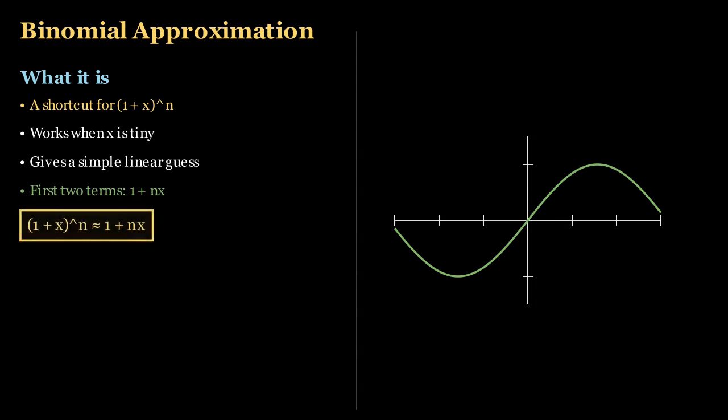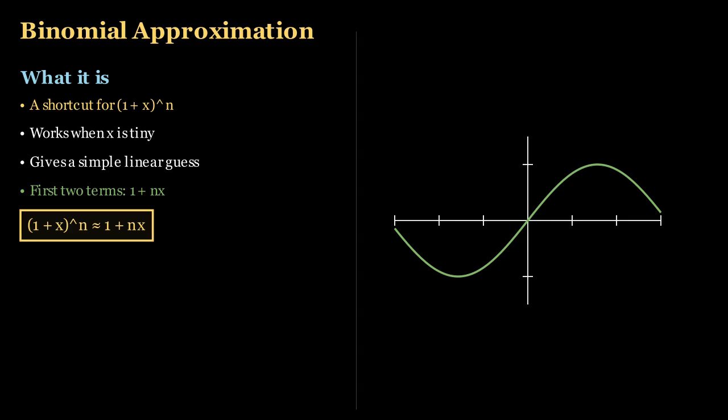Binomial approximation is a trick that says, when x is very small, we can ignore almost all of that infinite tail and keep only the first 2 terms. So 1 plus x, all to the power n, is approximately 1 plus n times x. That is it, a simple, linear shortcut that turns a complicated power into a straight line.